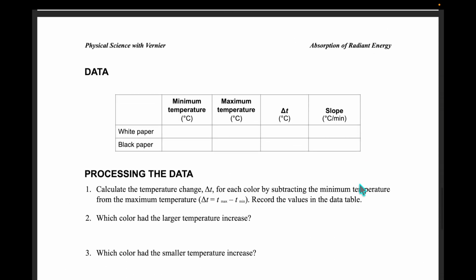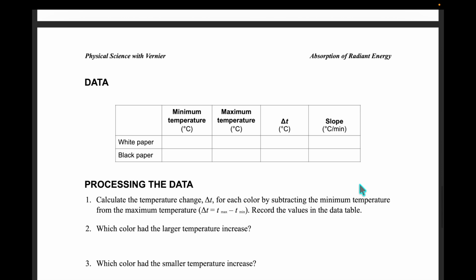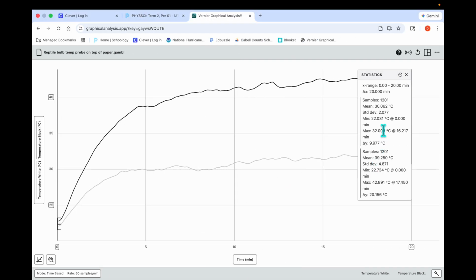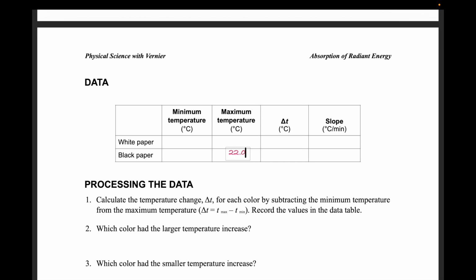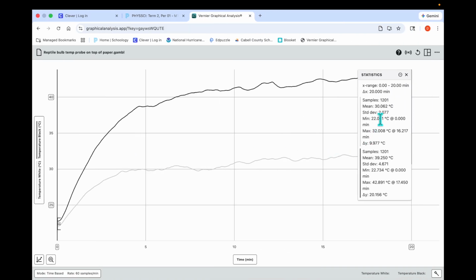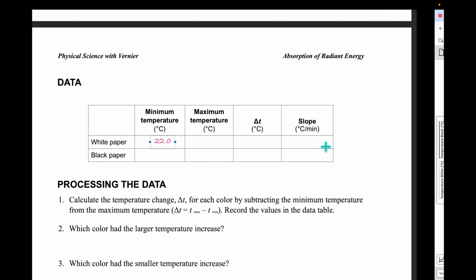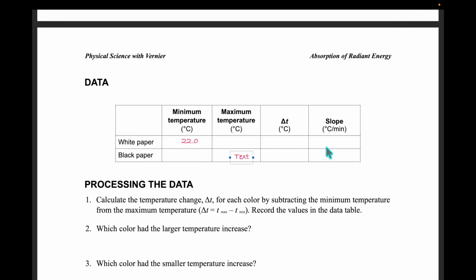Scroll down here. If you're doing this on paper, you can just write this in. So let's make a text box there. And see the white paper, the minimum, 22.0. So just type that in. That's the white paper minimum temperature. Then the white paper maximum was 32.0. Okay, so put that in there.